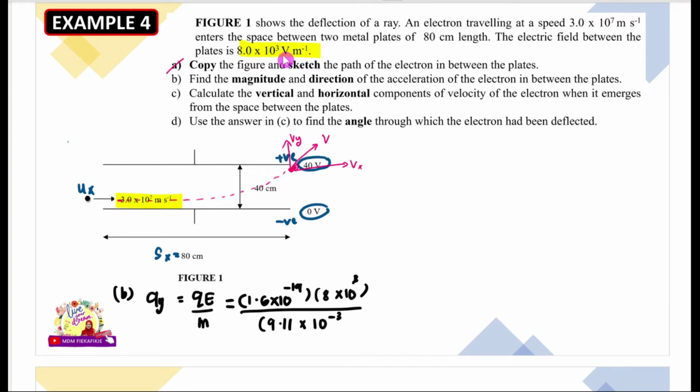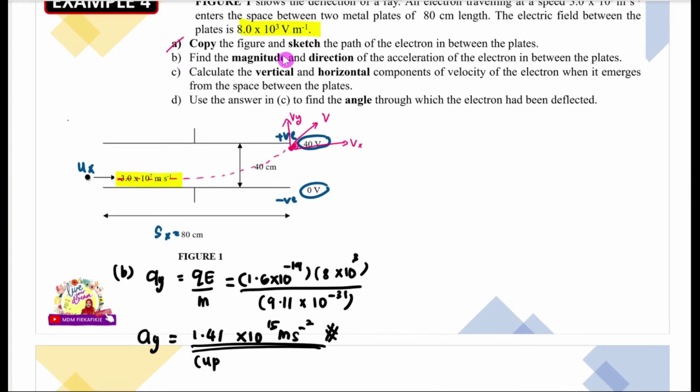Okay, so ay you akan dapat 1.41 times 10 power of 15 meter per second squared. Okay, macam tu boleh. And then the direction, sebab dia bergerak ke atas kan, dia tertarik ke positive plate, so the direction should be upward. Okay, so finish part A, part B.